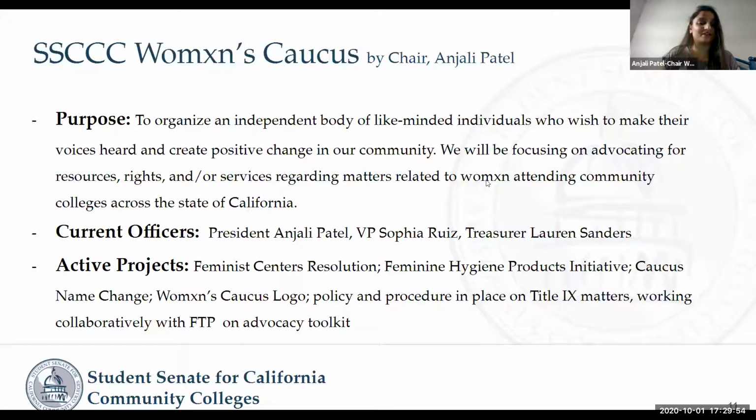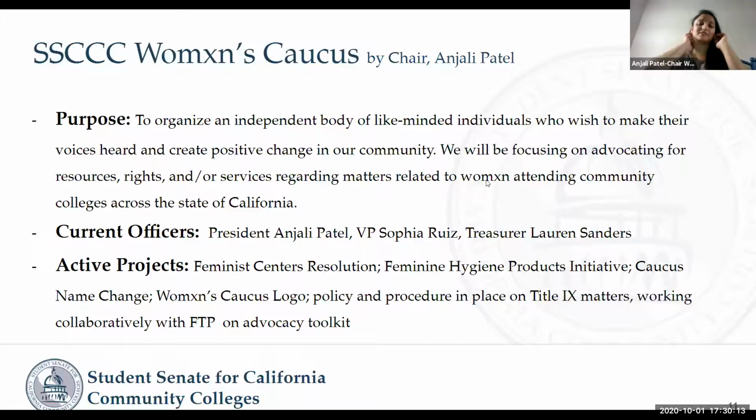Again, we changed our name, as you know. We are the newly formed caucus; we just reactivated last year. We are trying to create a logo which is also inclusive, and which represents our inclusivity towards the population.